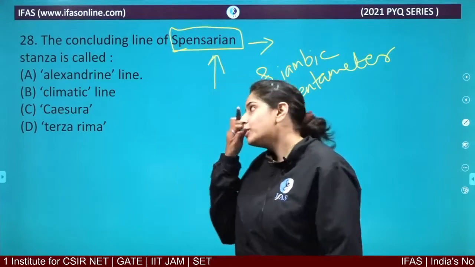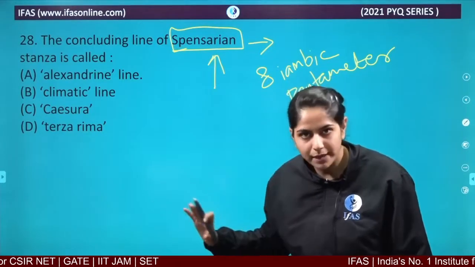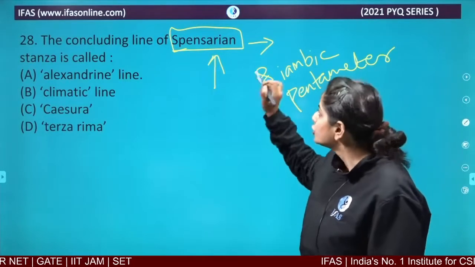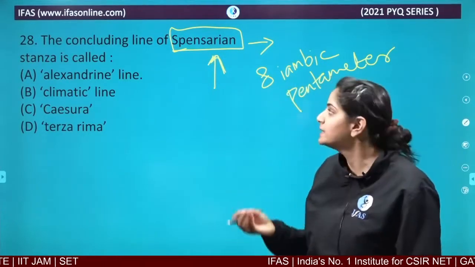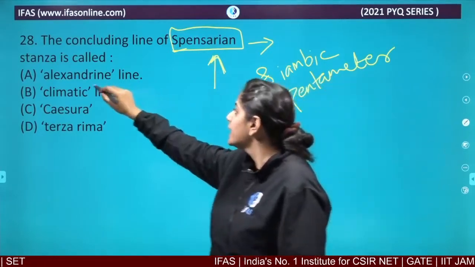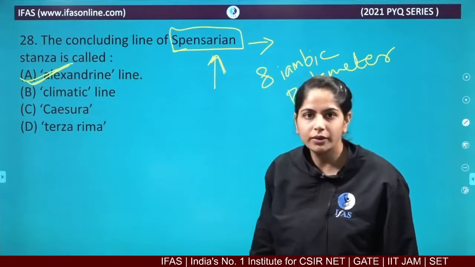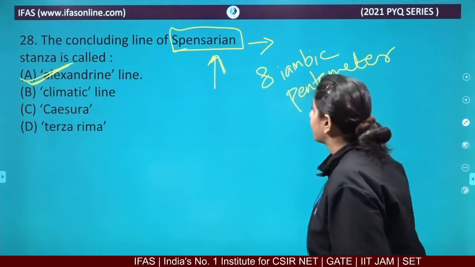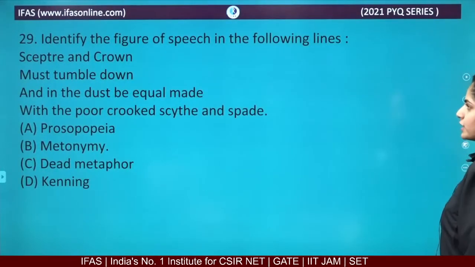You have to remember Spenser started writing this kind of poem. In the Spenserian stanza, it is said that the concluding line is called the Alexandrian line. Remember this. Now let's look at the next question.